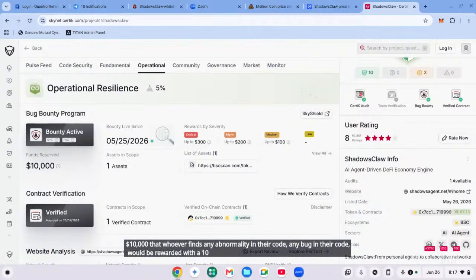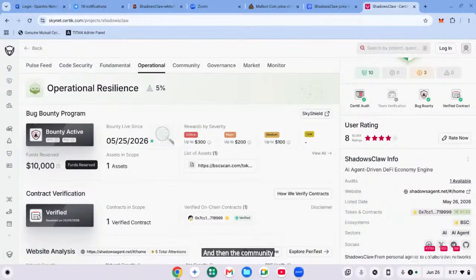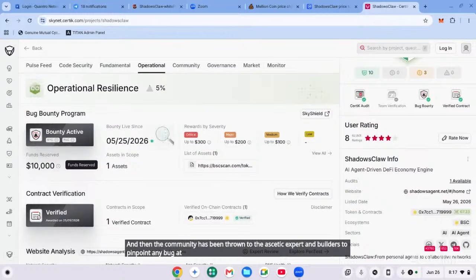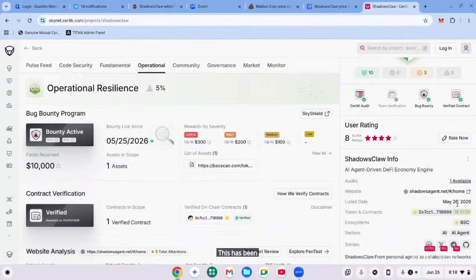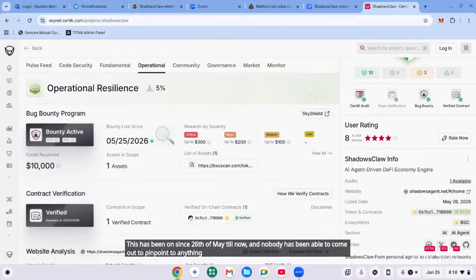This is not an empty promise. This is money that has been reserved with CERTIK, and then the community has been thrown to the CERTIK experts and builders to pinpoint any bug at all contained in this whole smart contract, any vulnerability at all, and get rewarded the $10,000. This has been on since 26th of May till now, and nobody has been able to pinpoint anything about the smart contract.